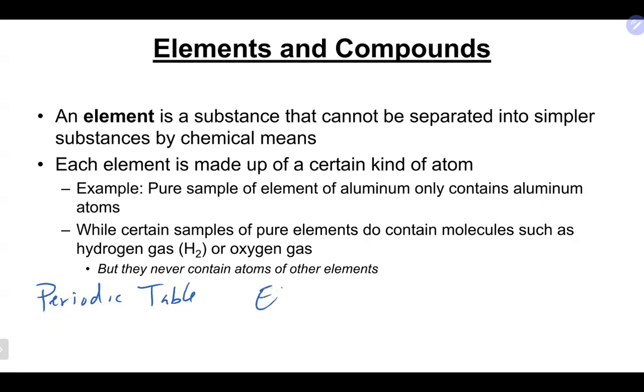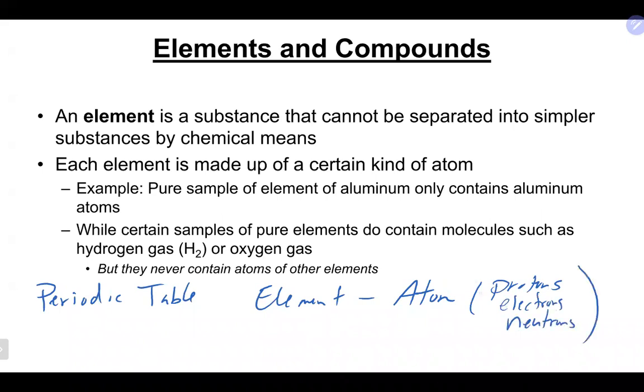The simplest representation of an element is an atom, as we'll talk about in another chapter, but basically has protons, electrons, and neutrons, right? We'll talk about that.